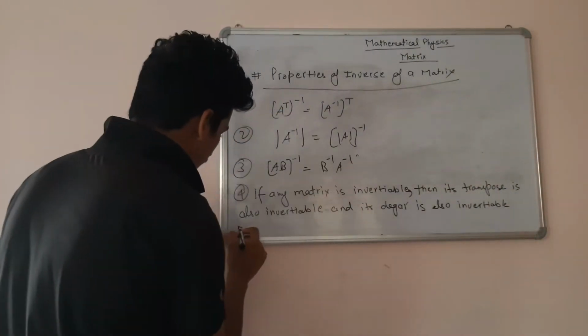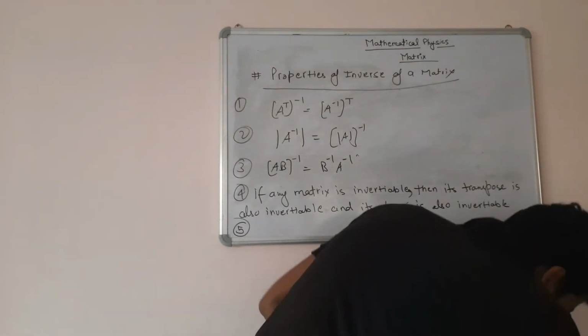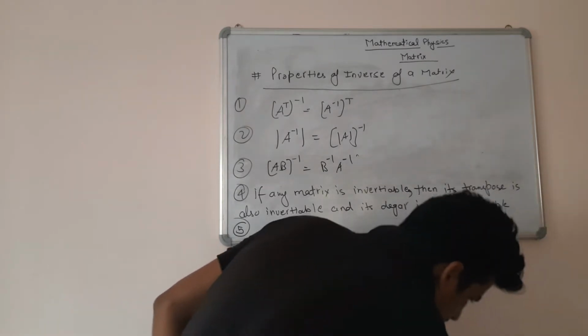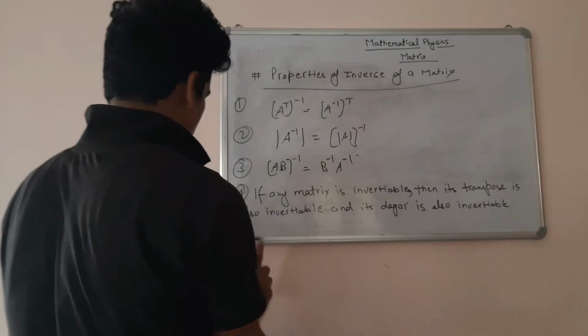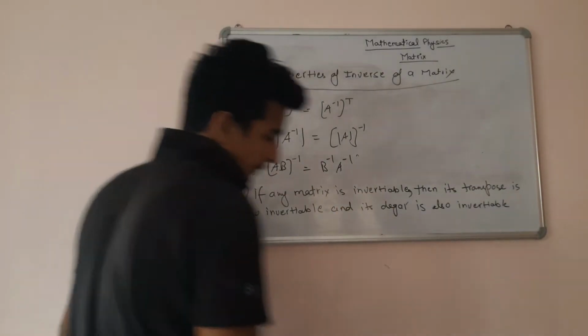Now the last property for inverse, let's leave it because it's just a replicate of this property.